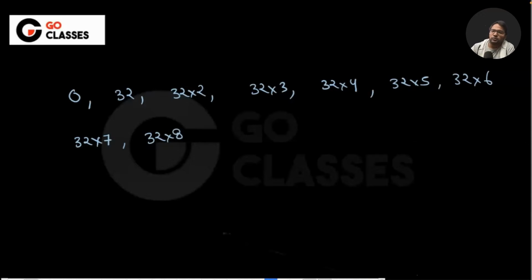Let's suppose my access pattern is this much only. I don't have 32 into 8, and I don't have 256 again. If I have 256 line, then am I going to get a hit whenever I access 0 again?